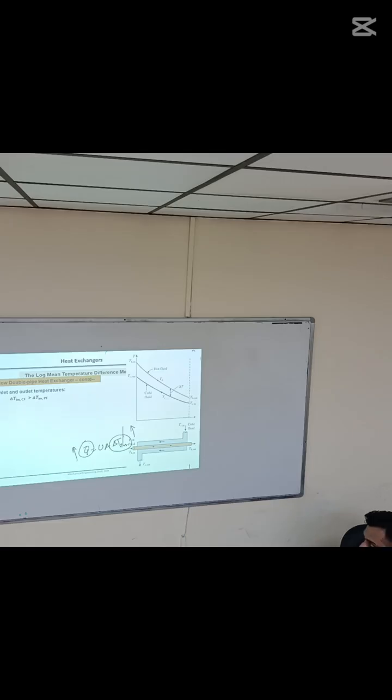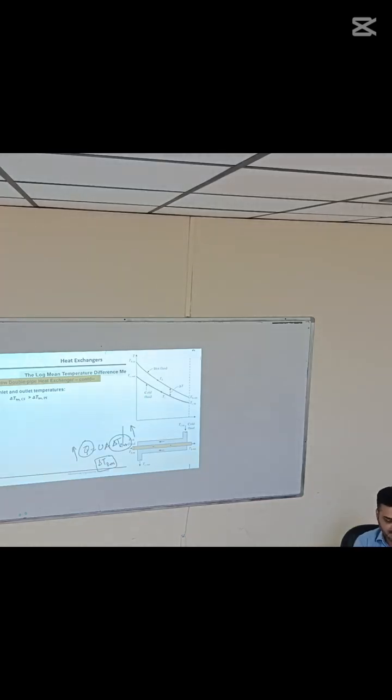And not only double pipe, any other type of heat exchanger, cross flow, shell and tube type, counterflow will always give you the highest delta T. All other types of heat exchanger will have delta T lower than counterflow. So the double pipe counterflow heat exchanger will always result in the highest delta T.